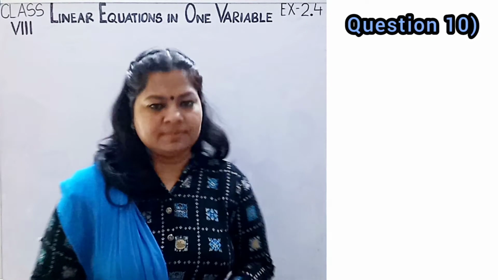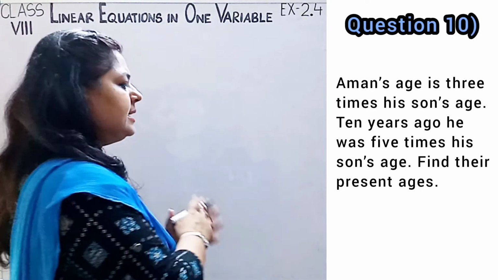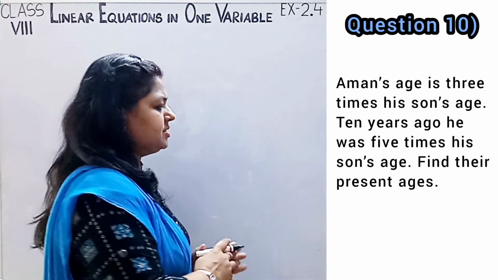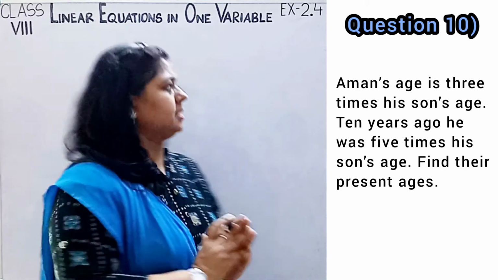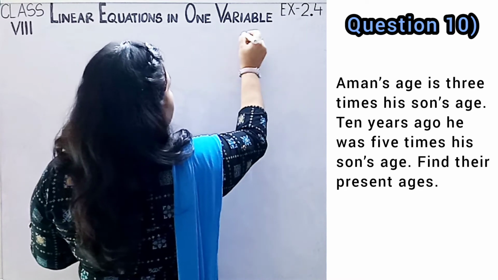Question number 10. Aman's age is 3 times his son's age. 10 years ago, he was 5 times his son's age. Find their present ages. In this question, we have to find out present ages of father and son. So here, Aman's son and Aman.